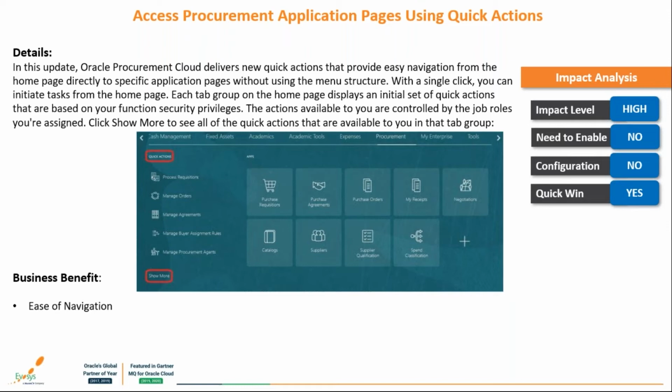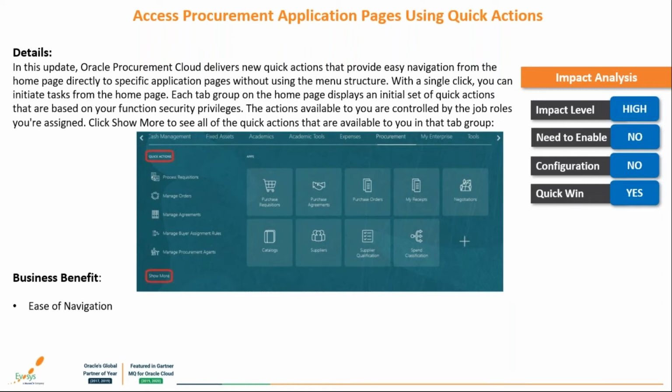The actions you take are limited by the job roles you have been assigned. To see all of the quick actions accessible to you in that tab group, click Show More. The business benefit of this feature is easy navigation for users.